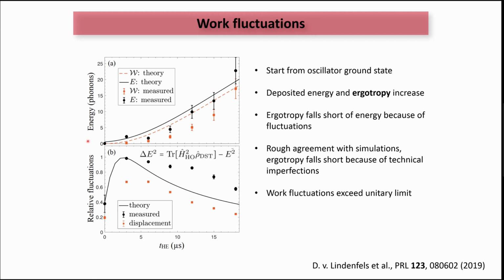And we see that the ergotropy here is always smaller compared to the deposited energy, and the reason for this is exactly that there are work fluctuations because of the microscopic nature of the system. The optical pumping of the spin is always probabilistic, so there are shot-to-shot fluctuations of the stored energy, which imposes fundamental limits on the efficiency of such microscopic heat engines.